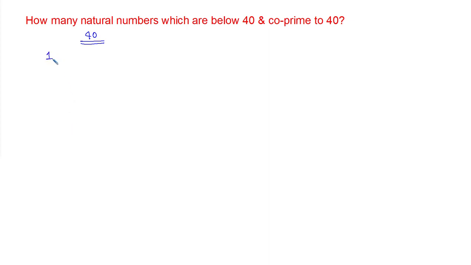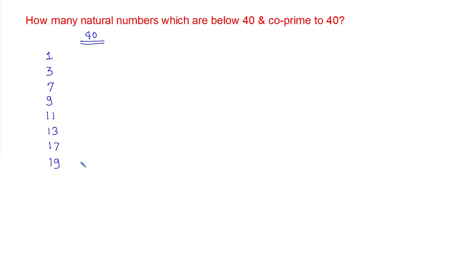1 comma 40 is co-prime, 2 comma 40 no, 3 comma 40 yes, 4 comma 40 no, 5 comma 40 no, 6 comma 40 no, likewise 7 is co-prime, 8 no, 9 yes, 10 no, 11 yes, 12 no, 13 yes, 14 no, 15 no, 16 no, 17 yes, 18 no, then 19 yes.